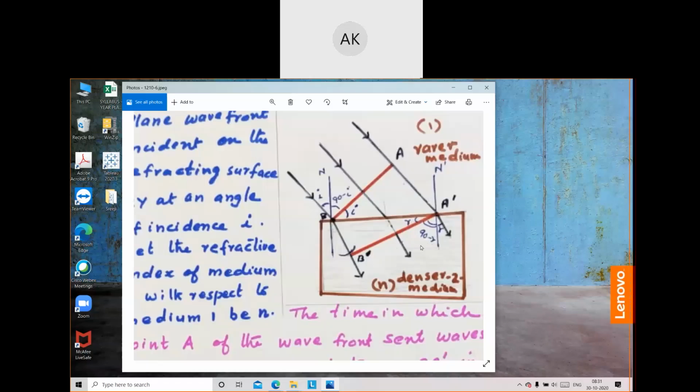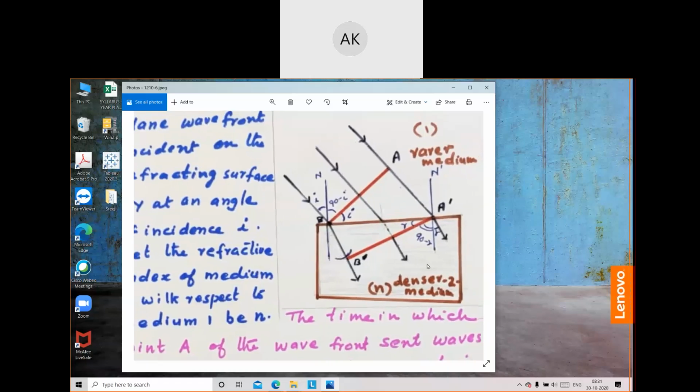So that much distance only it can travel. So BB dash equals what? A dash divided by the refractive index of this medium. For example, if it is water, we have to divide by the refractive index of water, 1.3. If it is glass, we have to divide that distance by the refractive index of glass, 1.5.